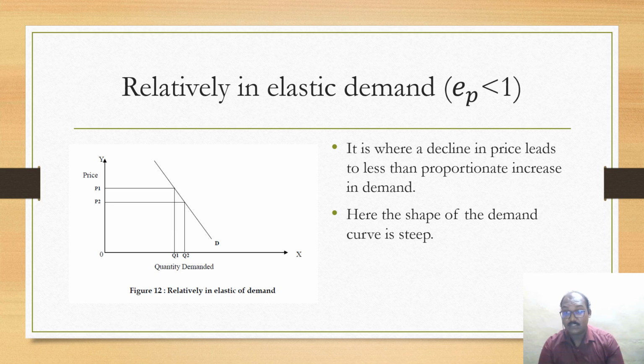Whenever the price is raised, we will try to reduce the quantity of food, but only by a very small amount, about 5%. If the price is increased by 10%, we'll try to reduce at least 5%. Above 5% we would be affecting our health also. So like that we will have relatively inelastic demand for food, for rations.